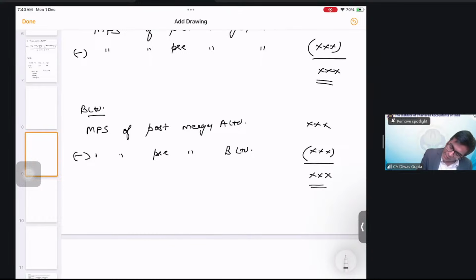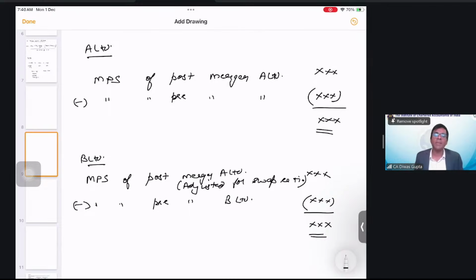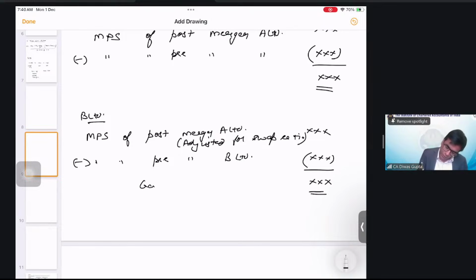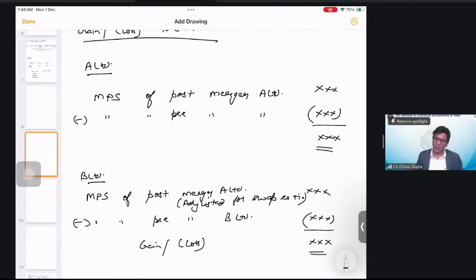Now here again there is one impact that we will have to adjust. So this should be adjusted for swap ratio. And reason being clear, because swap ratio is the common linkage between pre-merger B Limited 1 share and post-merger A Limited 1 share. Right? So that needs to be adjusted. So this will give us the gain or loss. Clear? Okay.